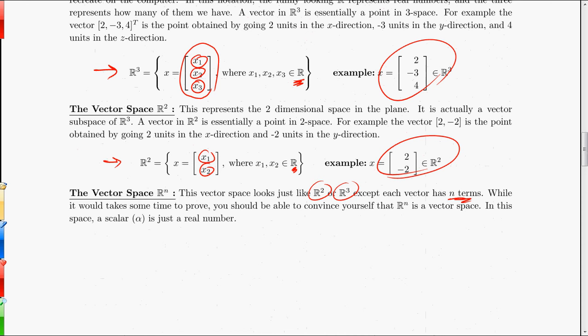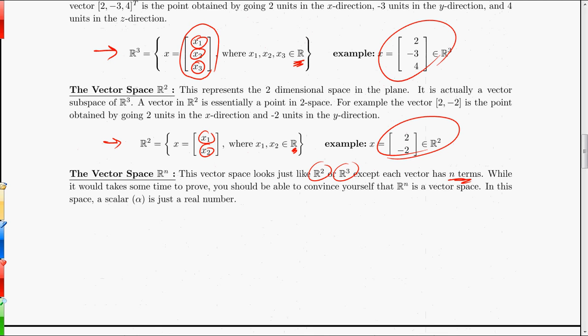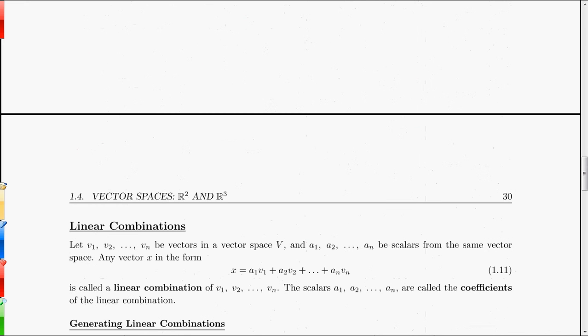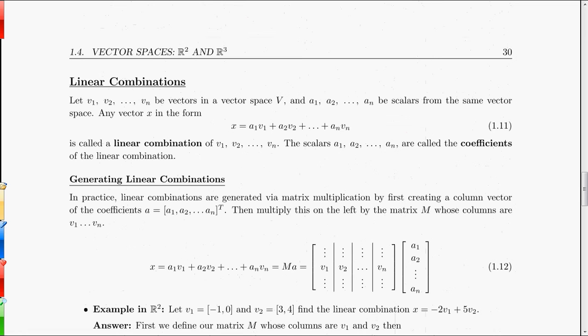All right. And so in order to get to a basis and what a basis is, we have to talk about linear combinations. Basically, what we're looking to do is combine vectors through addition and scalar multiplication. So suppose I have vectors v1, v2, up to vn, vectors in a vector space V, and I have scalars a1, a2, up to an.